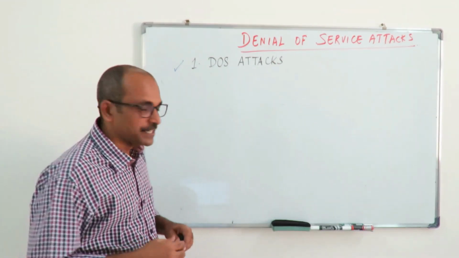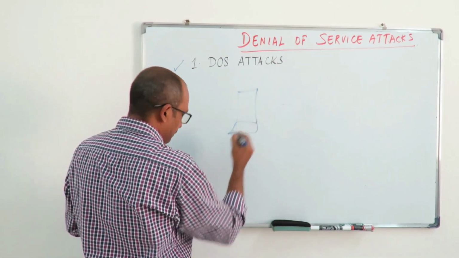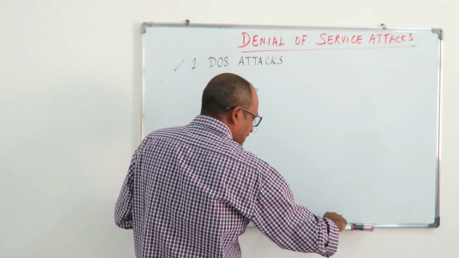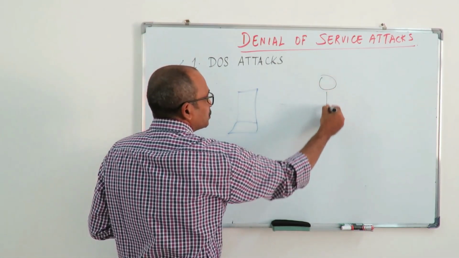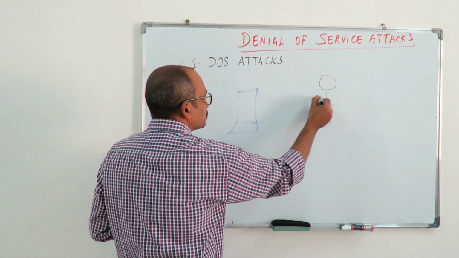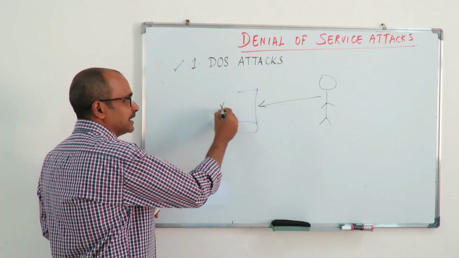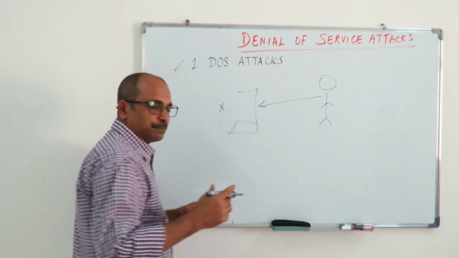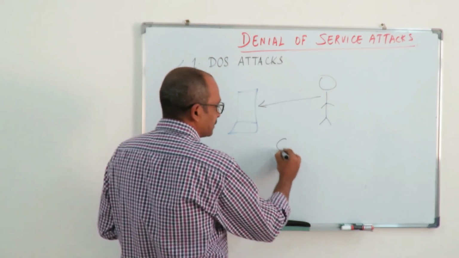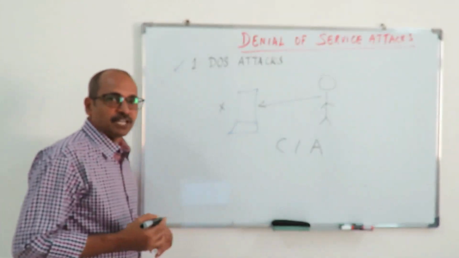So we'll just see it in a network. This is a machine, or we can say it is a server machine, offering some services to the users. An attacker is going to stop this particular service. This is called a denial of service attack. Now, if you go to the computer security principles, CIA, the basic principles of computer security: confidentiality, integrity and availability.